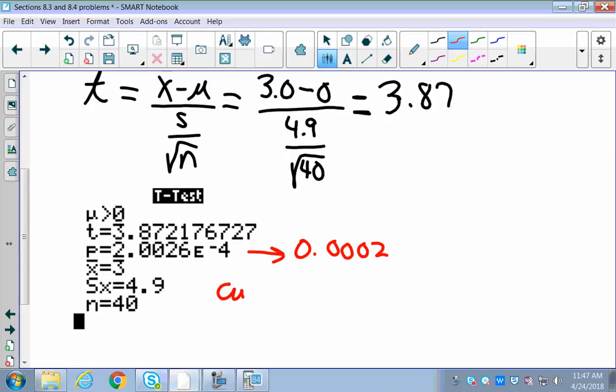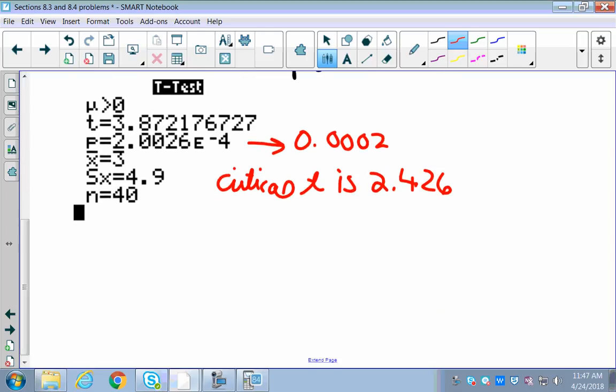So my critical t, I want t, my critical t is 2.426. Okay. So my alpha level was again 0.01. So I'm going to say that given that our t is 3.872, and I'm going to compare it to the critical t value of 2.426, obviously it's greater than, yes?